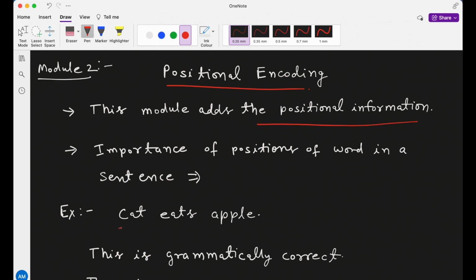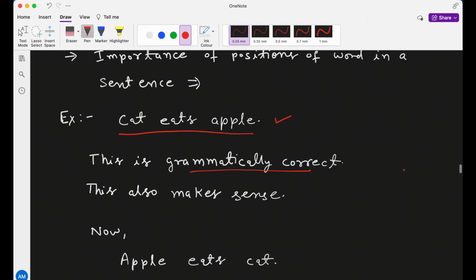So let's see this particular sentence: "Cat eats apple." This is a grammatically correct sentence, and it also makes sense. But if I just change the positions of these two words, the sentence becomes "Apple eats cat."